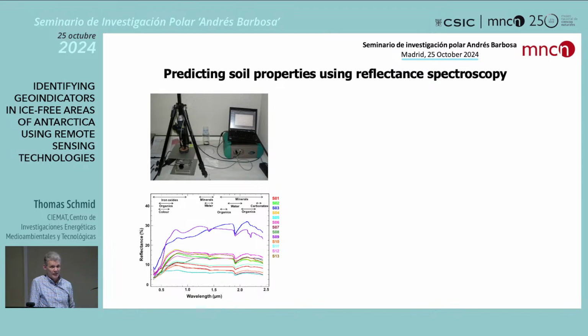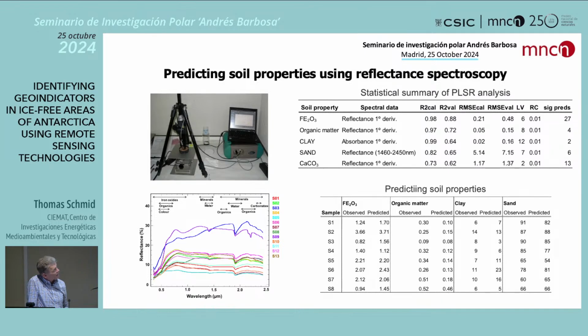When we analyze soils, we also measure or analyze the soils at less than 2 millimeters, etc. We're also conditioning the soil. But it's a way to be able to relate what we obtain in the lab with what we obtain with the spectra.